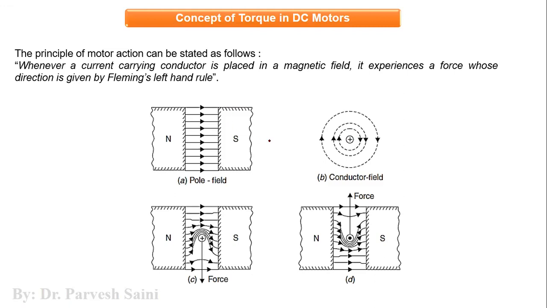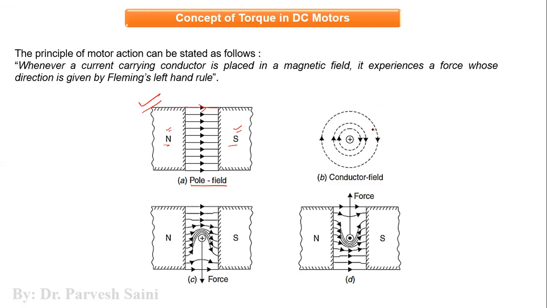As you can see here, there are four diagrams A, B, C, D. In this diagram, we have the field developed by the poles. This is, let us say, a magnet or electromagnet, and this is another magnet or electromagnet. So we have the north pole and south pole facing each other, and the magnetic lines of force emerge from the north pole and enter the south pole.